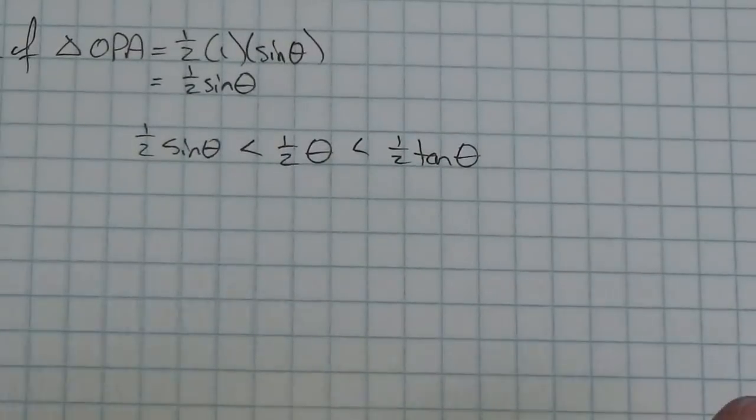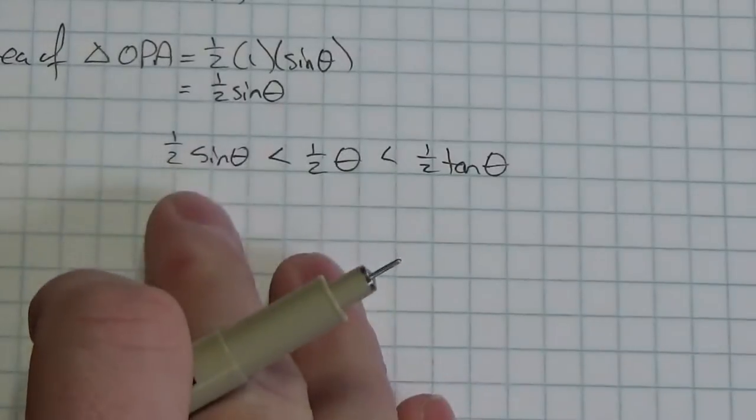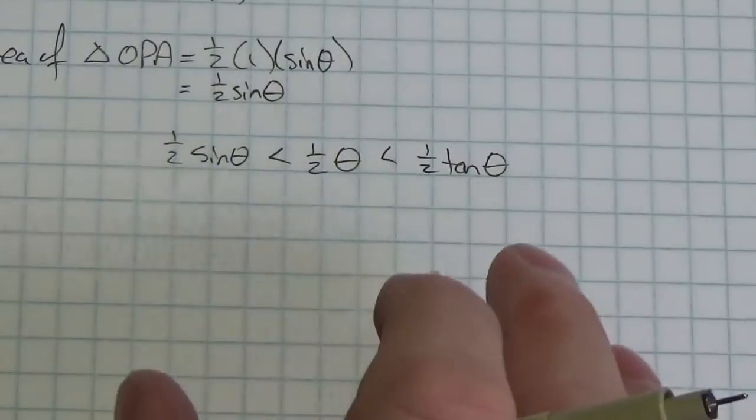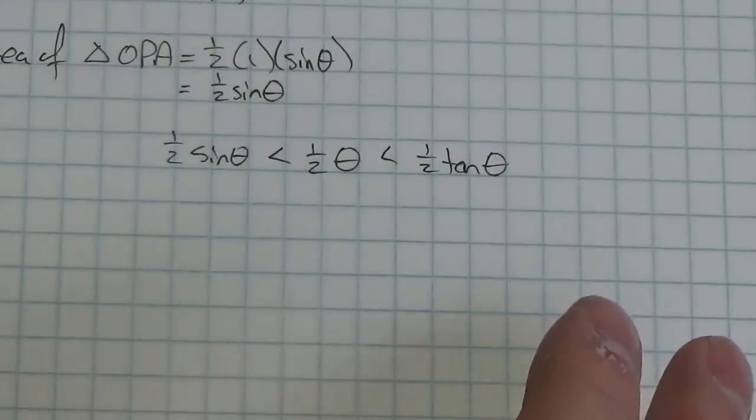Now, because I have a very specific goal in mind here, I'm going to do something kind of nice to this. I'm going to divide everything through by the sine of theta. Normally I'd have to pay attention to that, because if you multiply or divide by a negative, it's going to change the direction of the signs.